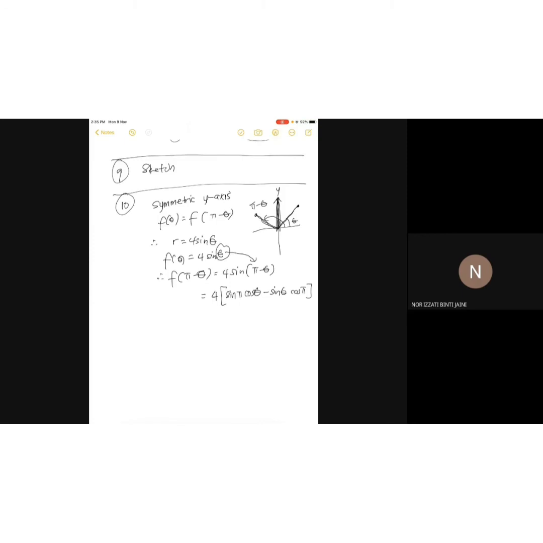Theta tu awak tak boleh nak kira, dia adalah variable. Tapi pi ni awak boleh kira. Sin pi is 0, cos pi is negative 1. Okay, so 4 darab kosong tolak sin theta darab negatif 1. So dapatlah 4 sin theta, which is sama dengan f theta tadi kan. Okay, so you have proven that it is symmetric on the y-axis.